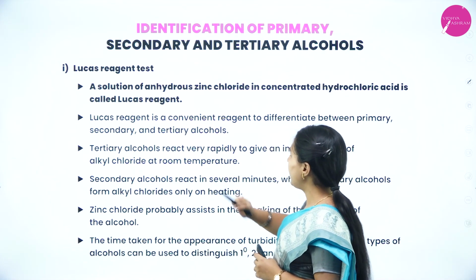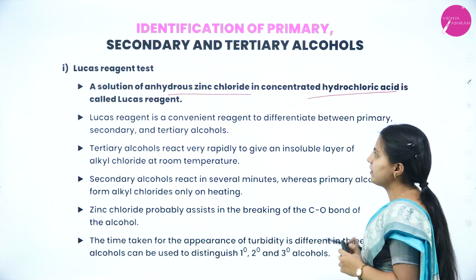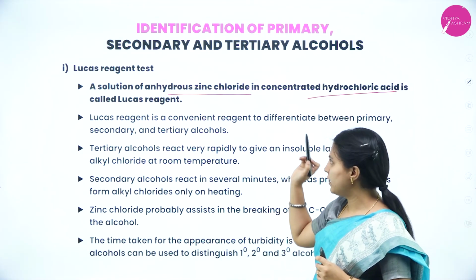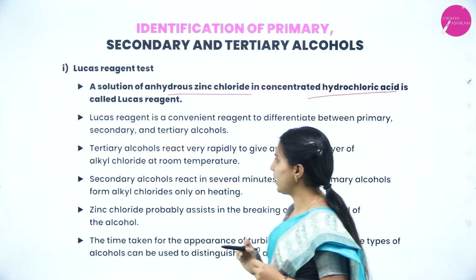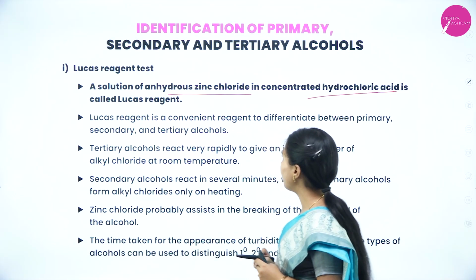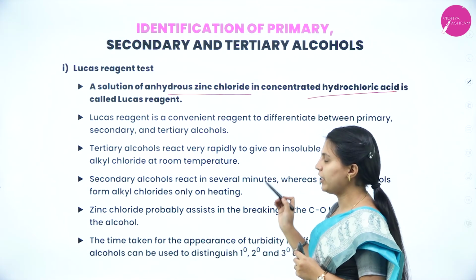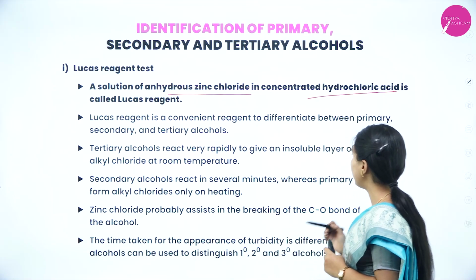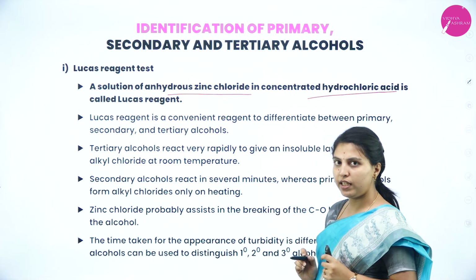A solution of anhydrous zinc chloride in concentrated hydrochloric acid is called Lucas reagent. Lucas reagent is a convenient reagent to differentiate between primary, secondary and tertiary alcohol. Tertiary alcohols react very rapidly to give an insoluble layer of alkyl chloride at room temperature.